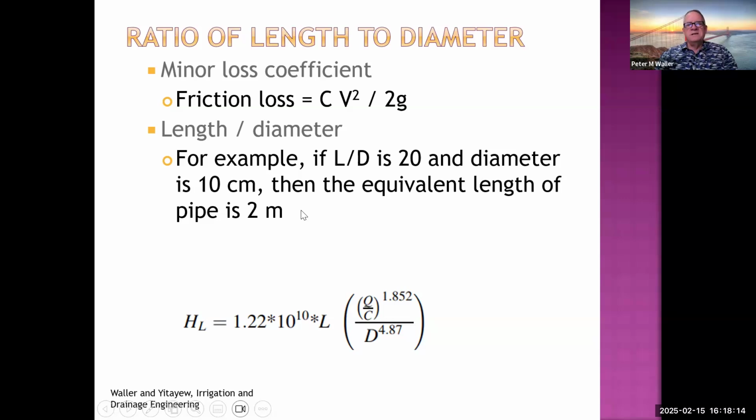Another way to do it, and that's the way I've done it in this example, is to use an equivalent length of the fitting. For example, if L over D is 20 and the diameter is 10 centimeters, then the equivalent length of pipe for the fitting is 2 meters. And so you just substitute the 2 in here with the diameter of the fitting at the given flow rate, and then you can calculate the head loss in the fitting.